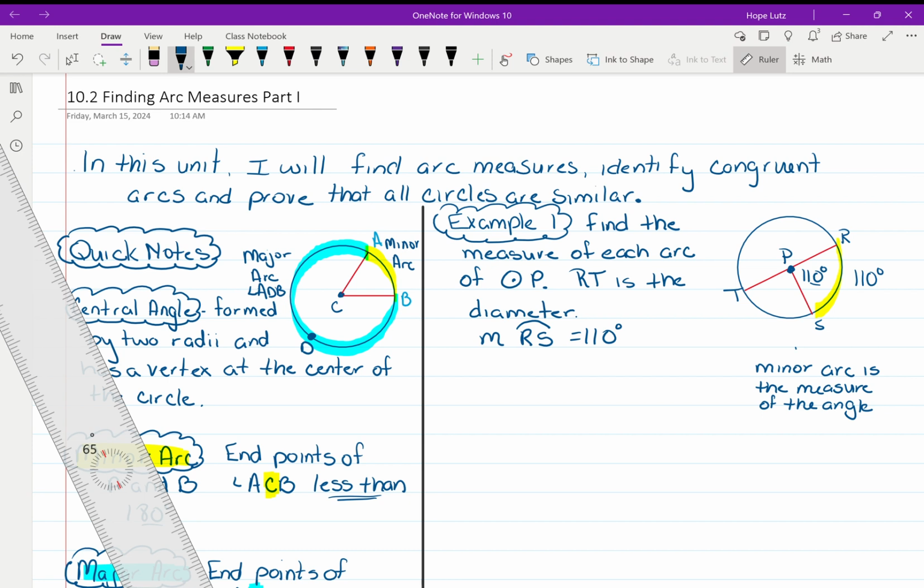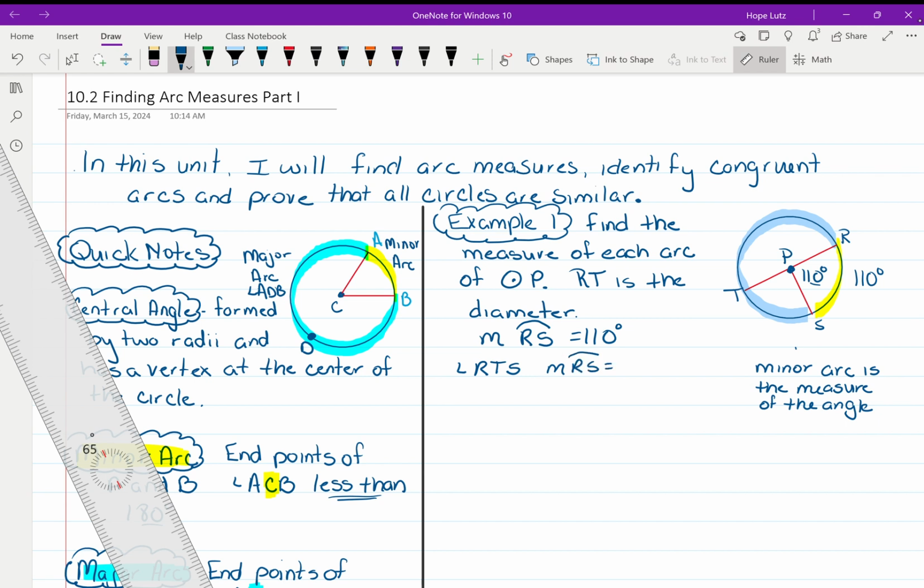Now we have to figure out what our other major arc is. So we're going to come here and I'm going to draw this. So we're going this way. So I'm looking at my angle RTS, which is my measure of my arc RS.